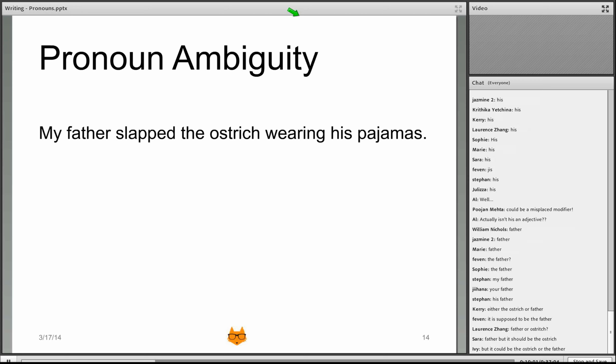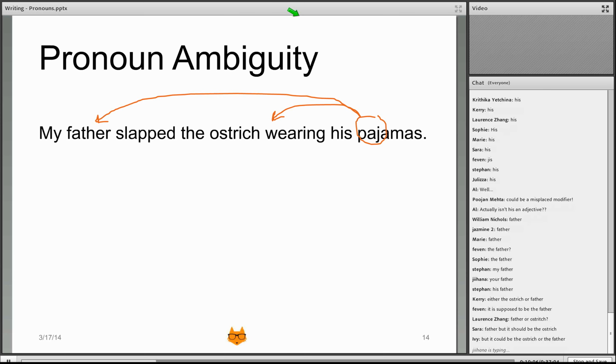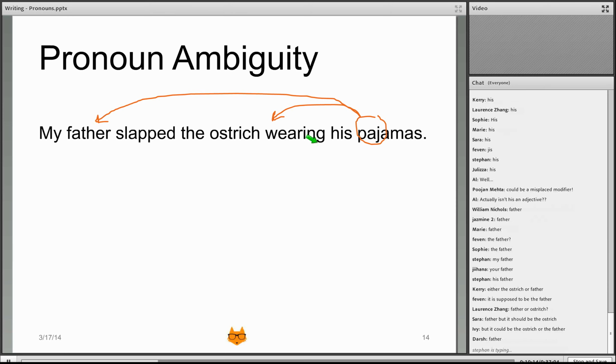Yeah, his could be referring to ostrich, or it could be referring to father. Again, this is supposed to be circling his. It could be referring to the ostrich, and it could be referring to the father.